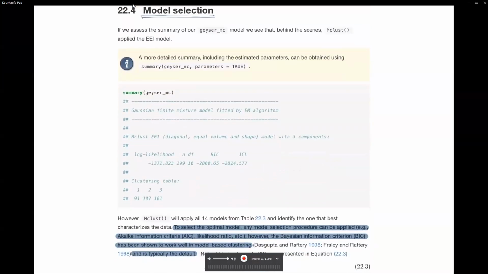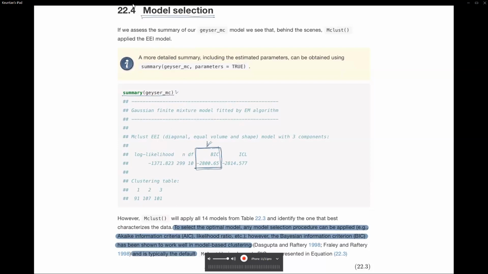So whenever we summarize our outcome, all we have to look at is this outcome, like the BIC, the Bayesian information criteria outcome. This is one of the good criteria for choosing our model selection.